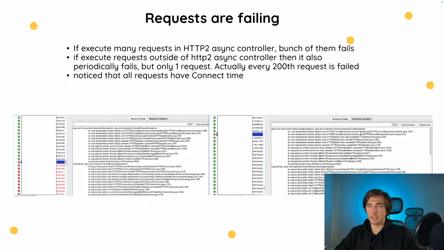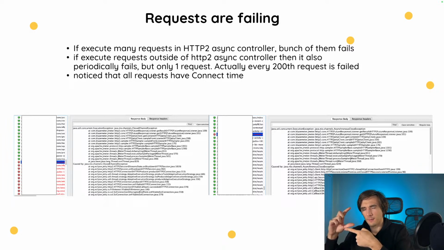So in my case, if I wanted to work around it somehow, let's say I want to send these 250 requests. I can do it this way: add one async controller with 200 requests, then add one request to kind of fail it.